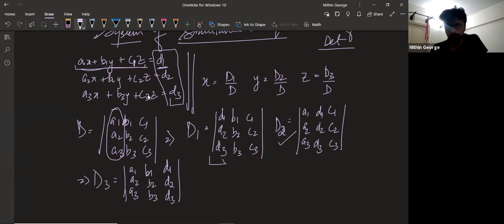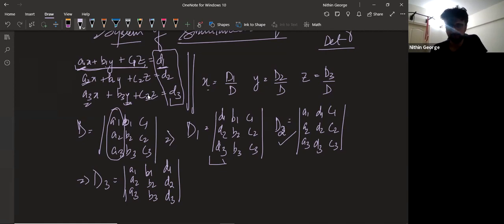So basically, remember, x is equal to d1 by d. To get d1, you replace the x coefficients with the constants d1, d2, d3. For y, we use d2, where you replace the y coefficients with d1, d2, d3.